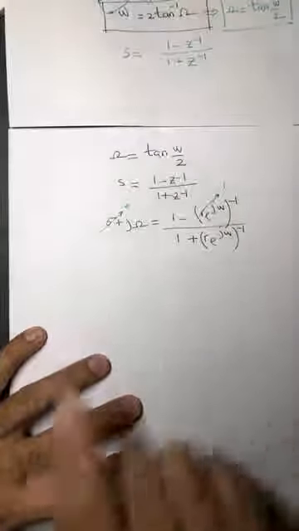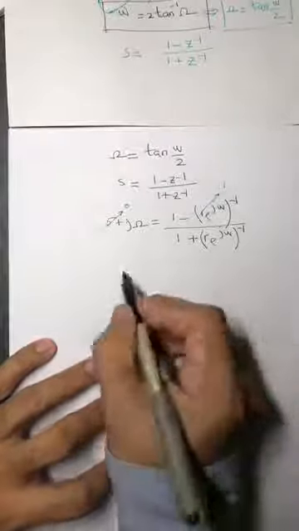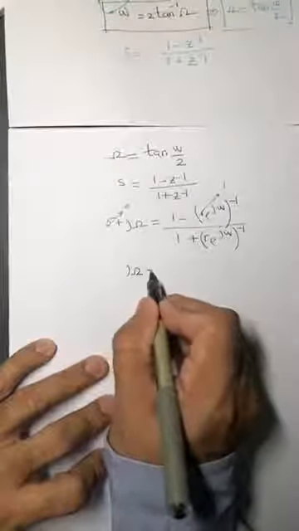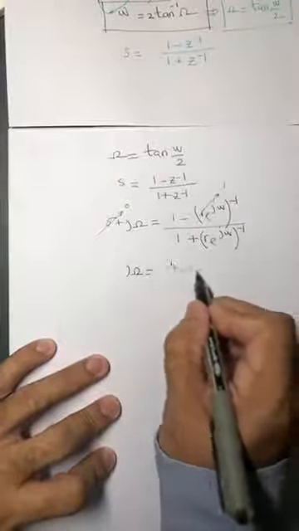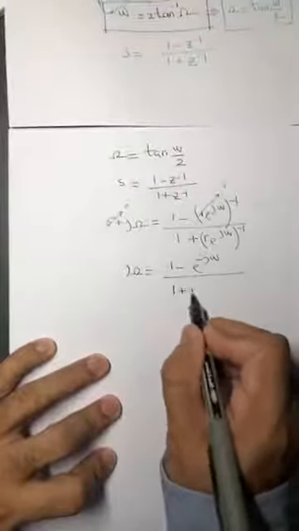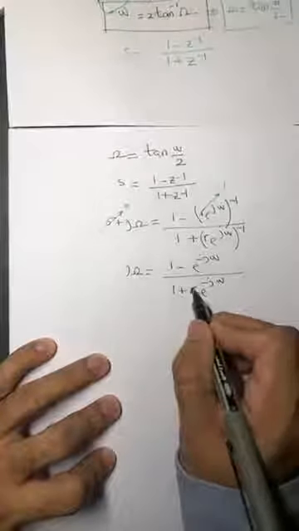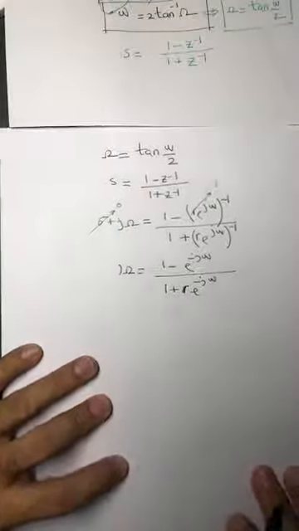We can mathematically also prove this, and this transformation ensures that. So it is j omega equal to (1 minus exponential minus j omega) over (1 plus exponential minus j omega), R is no more there. Okay, so this is fine.